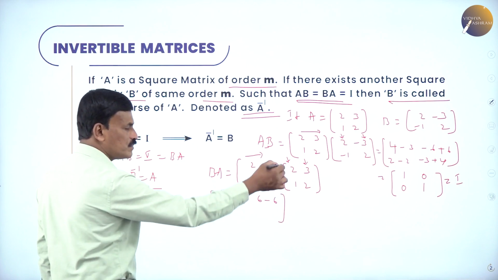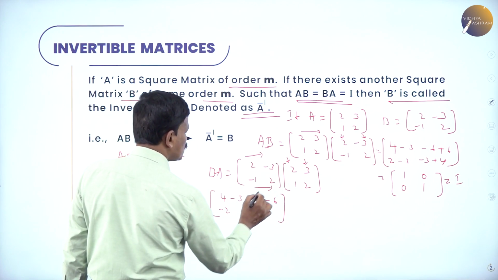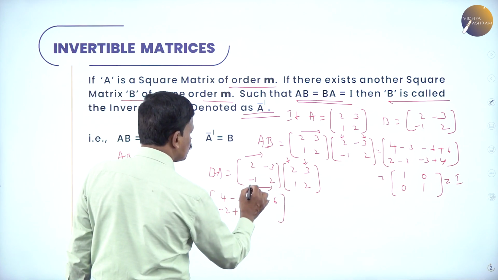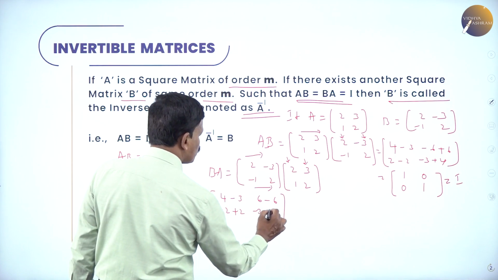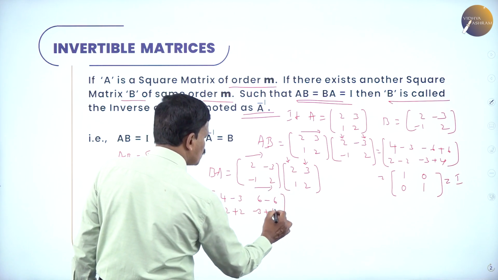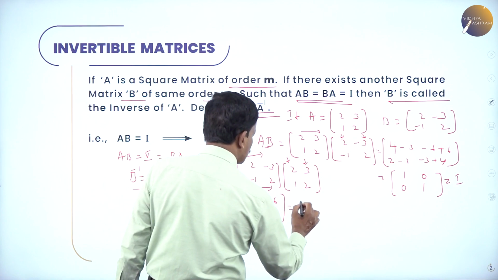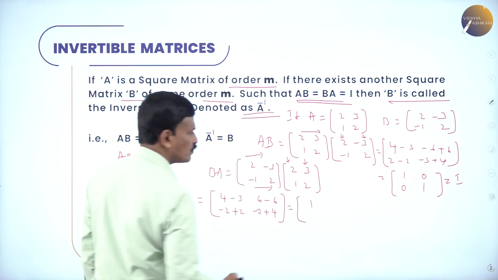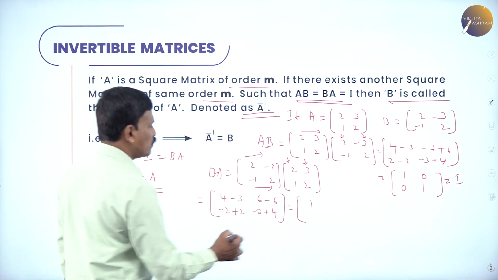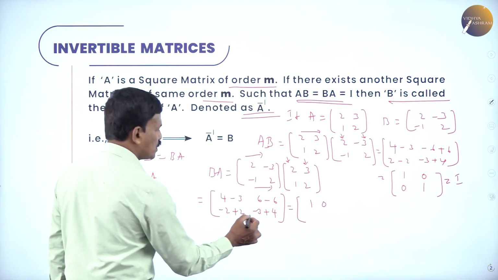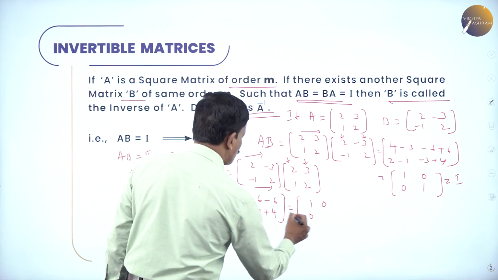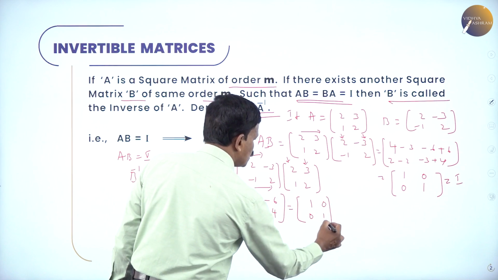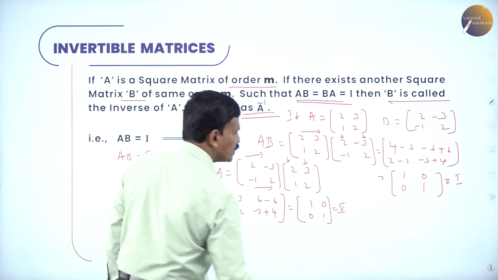Second row, first column: minus 1 into 2 is minus 2, plus 2 into 1 is 2. Second column: minus 3 plus 2 into 2 is 4. So this is equal to 4 minus 3 is 1, 6 minus 6 is 0, minus 2 plus 2 gets cancelled, 0, 4 minus 3 is equal to 1. So this is again an identity matrix.